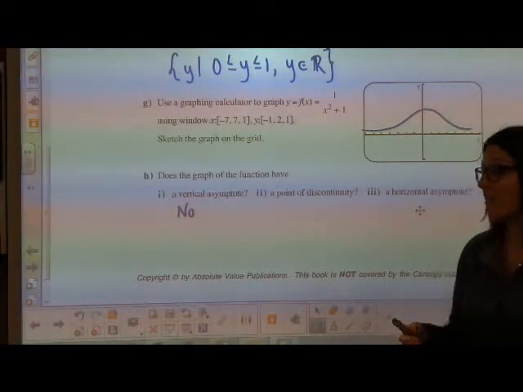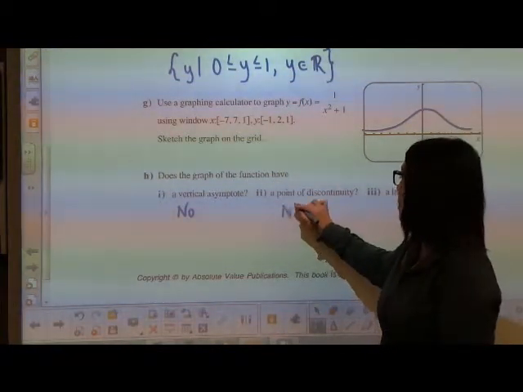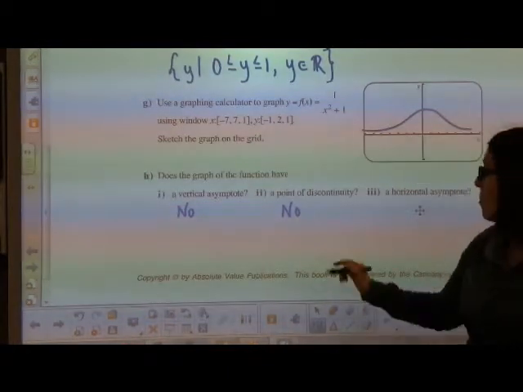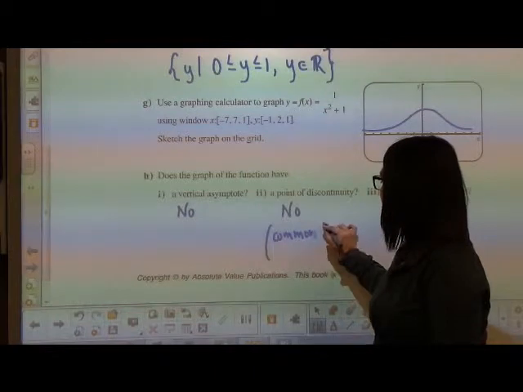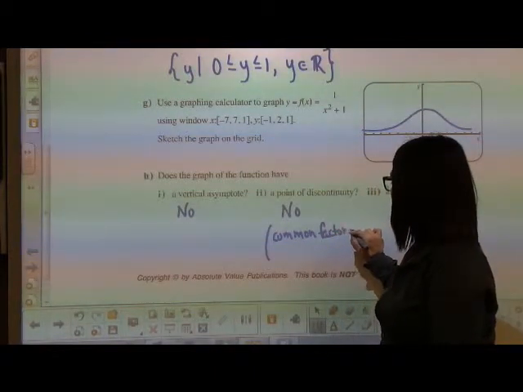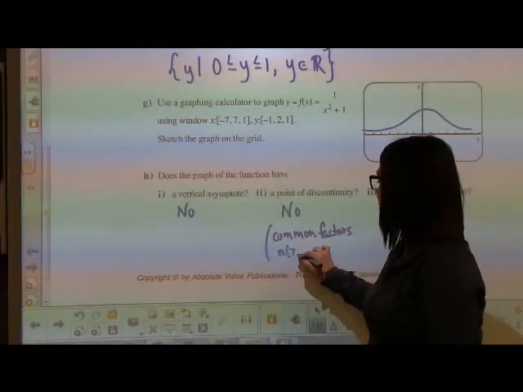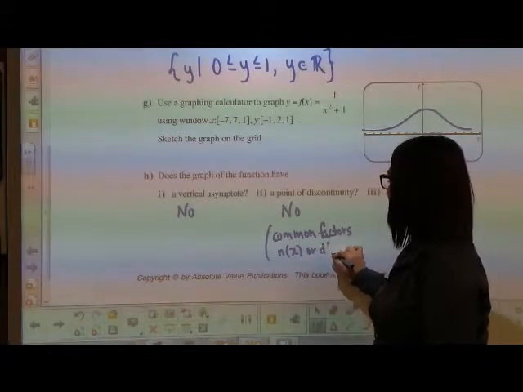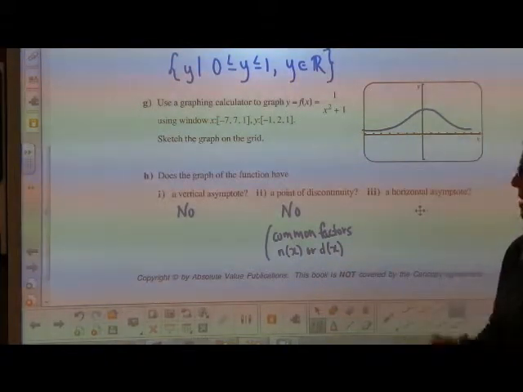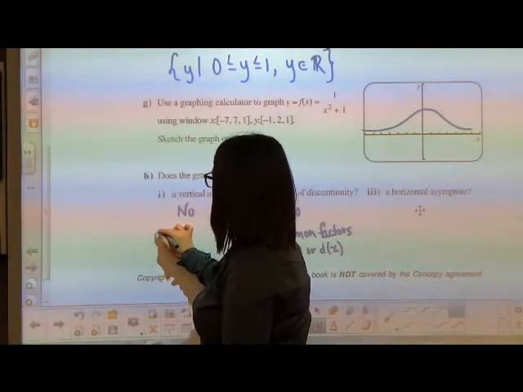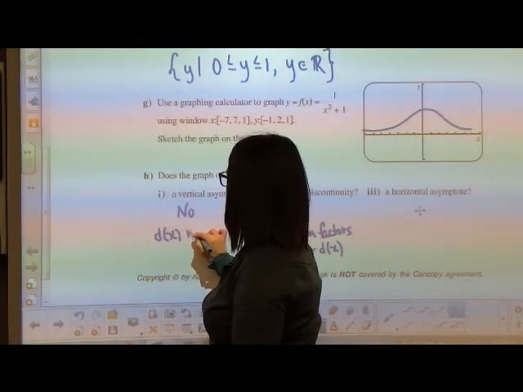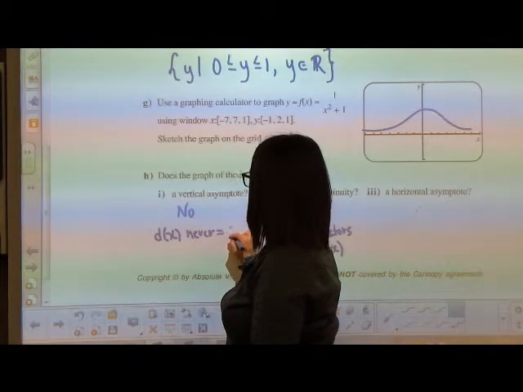Because my denominator never equals 0, I no longer have a point of discontinuity. Plus, I don't have common factors for the numerator or the denominator. So no vertical asymptote because d of x never equals 0.